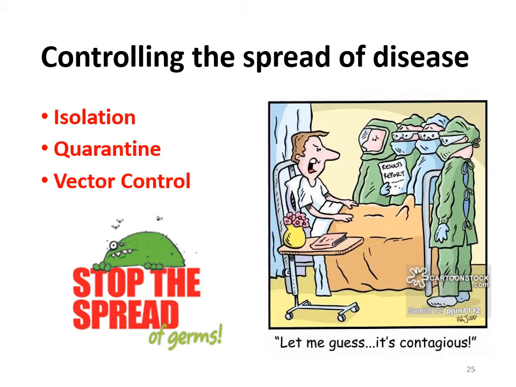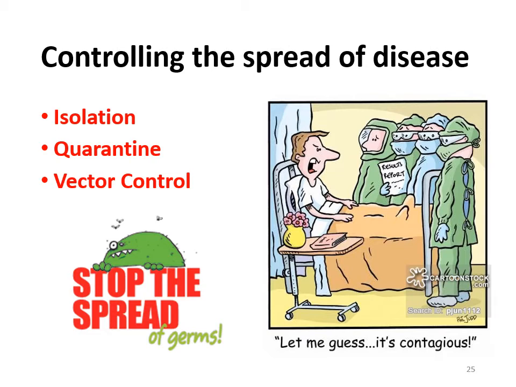Okay, so the example would be if you picture a classroom. If student A is sick and has an infection and we isolate or separate student A from the rest of the class, that would be isolation. What we would then do is take all of the other students in the class and separate them from the public just in case any of them have caught this infection, because you don't want them going on the bus, going on the subway, going into stores or the gym or other classrooms, and now spreading this infection.